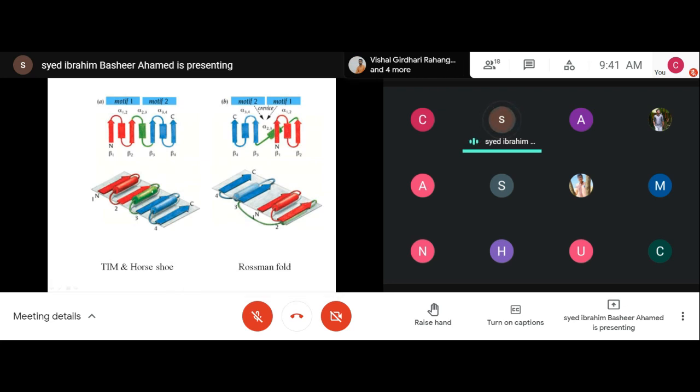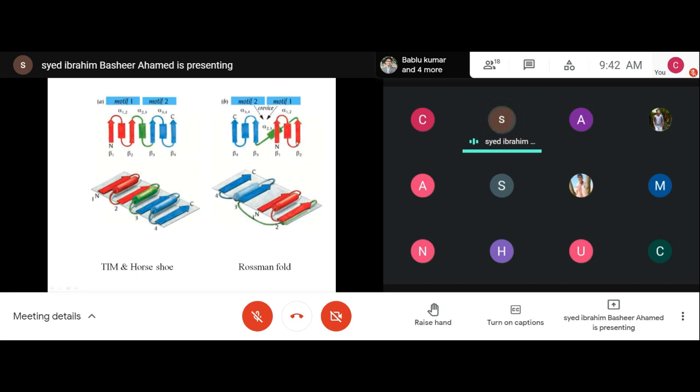Okay, so TIM barrel as well as the horseshoe fold will follow this pattern. So you have an alpha beta motif, a beta alpha beta motif, and these two motifs are connected with their alpha helices. All right, so this motif will be commonly found in TIM barrel proteins as well as horseshoe fold proteins. In the Rossmann fold, you also have this beta alpha beta motif.